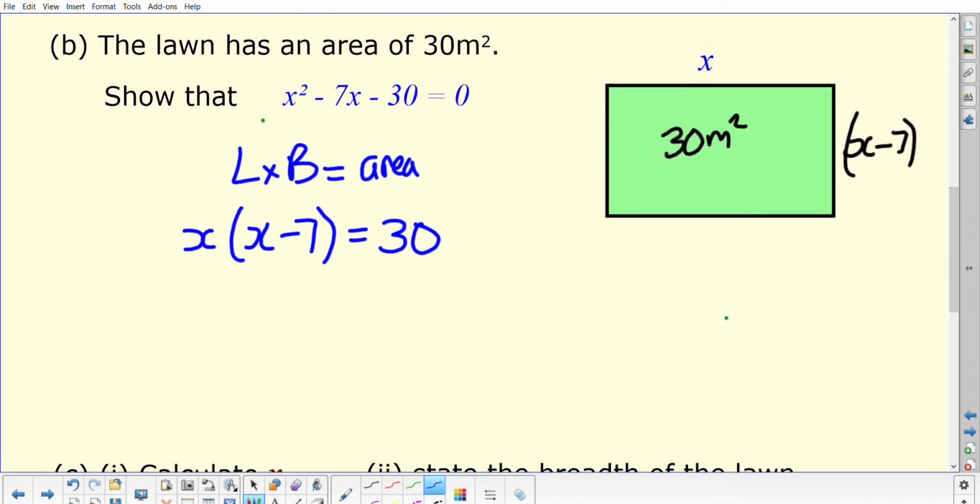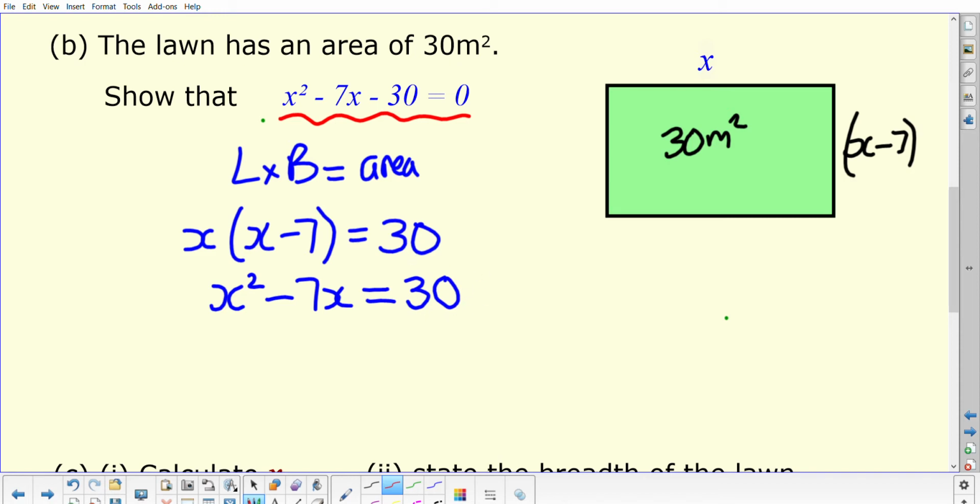We then multiply out the brackets, and you're going to get x squared minus 7x, and that's still equal to 30. Now that's not quite what we're trying to get to, but the difference is the right hand side doesn't have 0 in it.